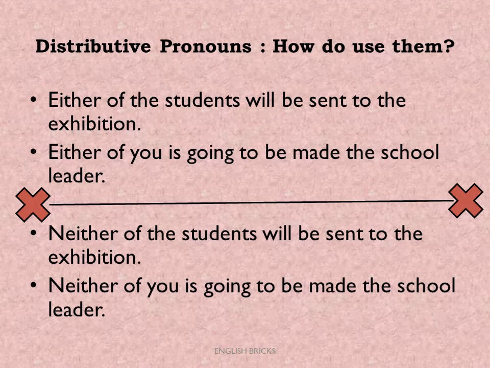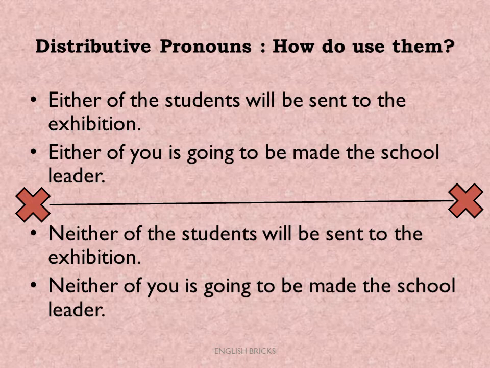Now look at the next bit of the information there. Neither of the students will be sent to the exhibition. Again two, but neither A nor B is going to be sent to the exhibition. Both will not go. Right? Look at the next sentence. Neither of you is going to be made the school leader. Negative information, not going to happen. Again singular.